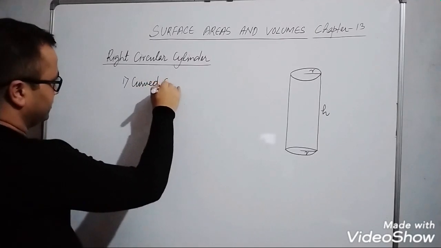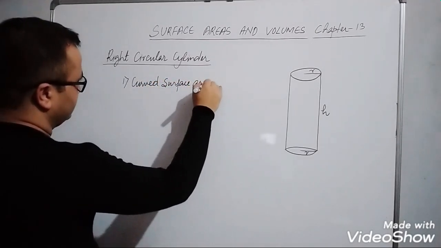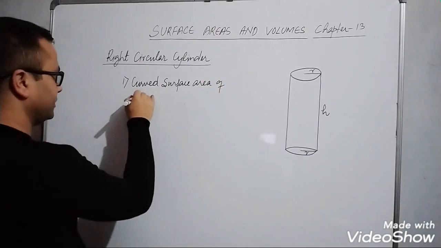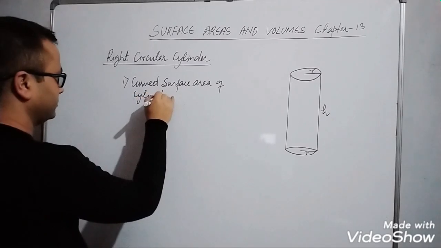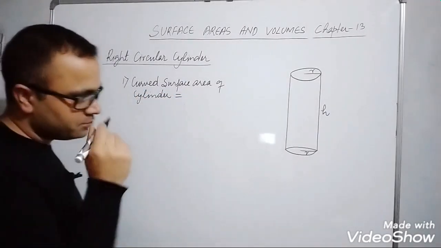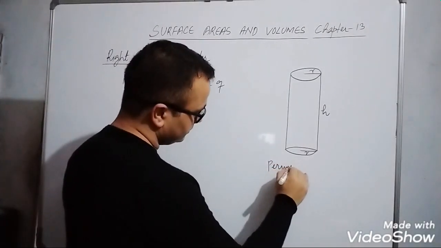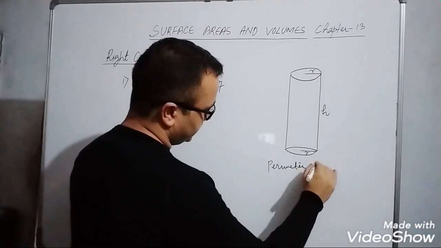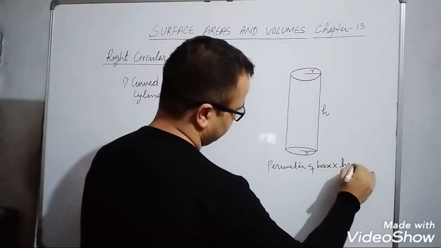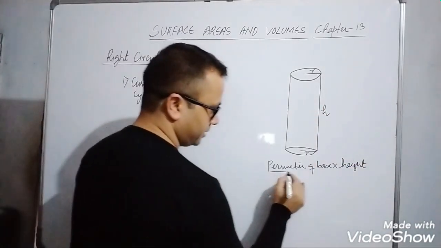The curved surface area of a right circular cylinder, or simply the cylinder, equals the perimeter of base into height. So what is the perimeter of base?